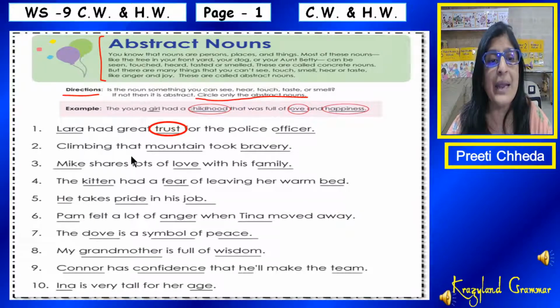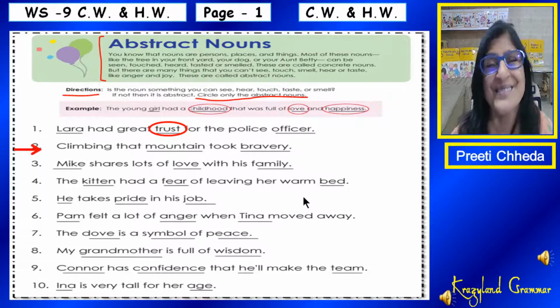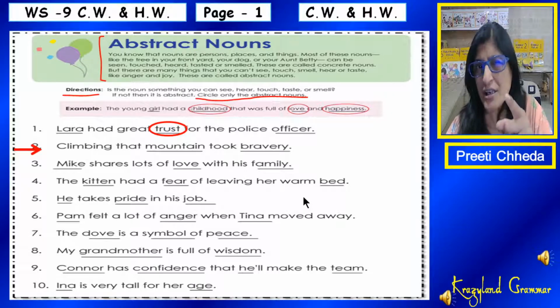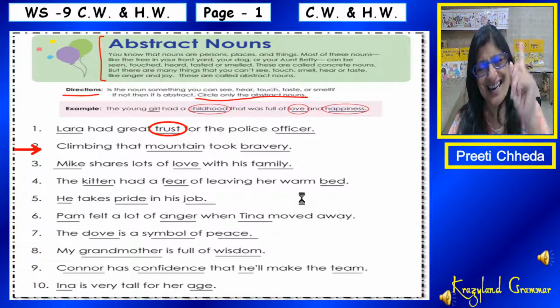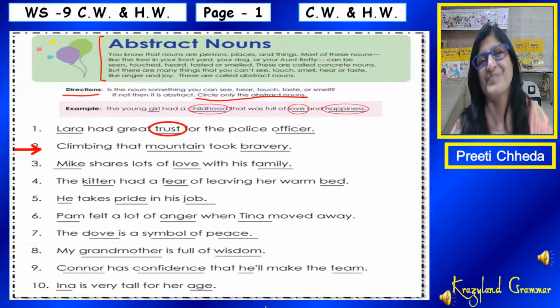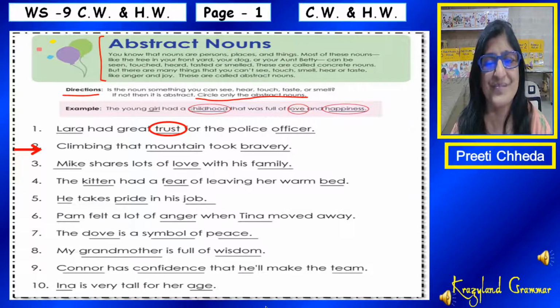Second one, climbing that mountain took bravery. Now this one, do it on your own. And your time starts now. Okay, and the answer is mountain?